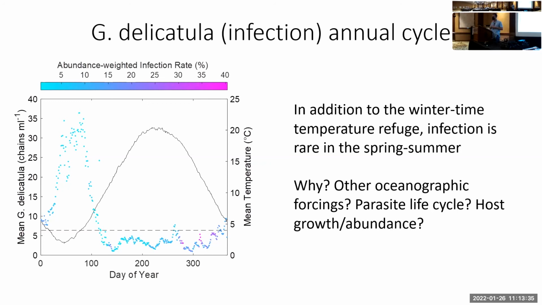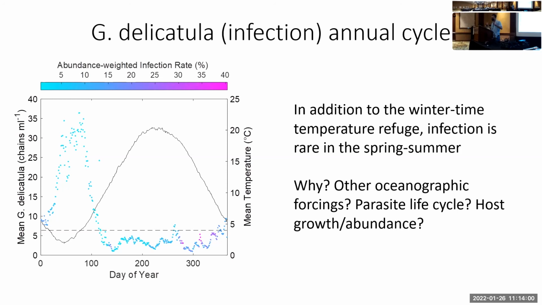One interesting feature that pops out here is that in addition to our wintertime bloom, infection seems to remain very low in the spring and into the summer, even after temperatures ramp up and would, in theory, allow infection. So this raises a bunch of questions as to why we see this pattern.